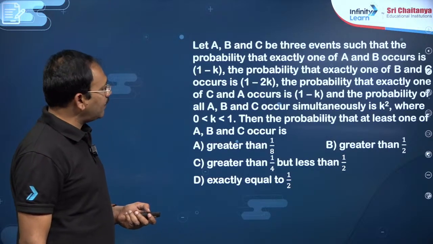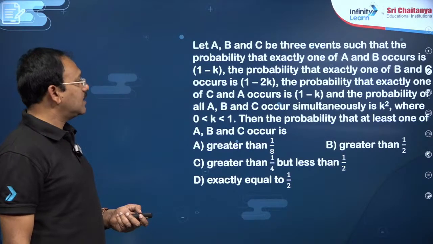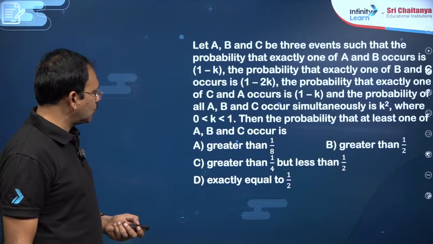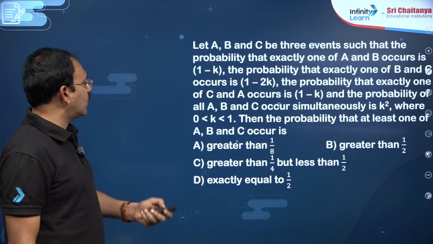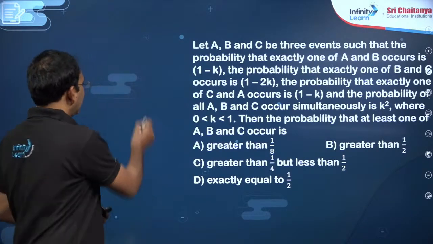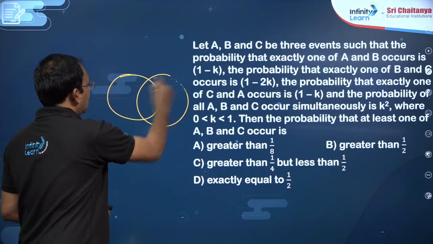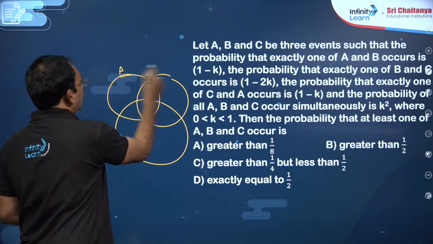The probability of A, B, C occurring simultaneously is k square, where k is between 0 and 1. Then the probability that at least one of A, B, C occurs. This can be solved with the help of a Venn diagram, my dear friends.